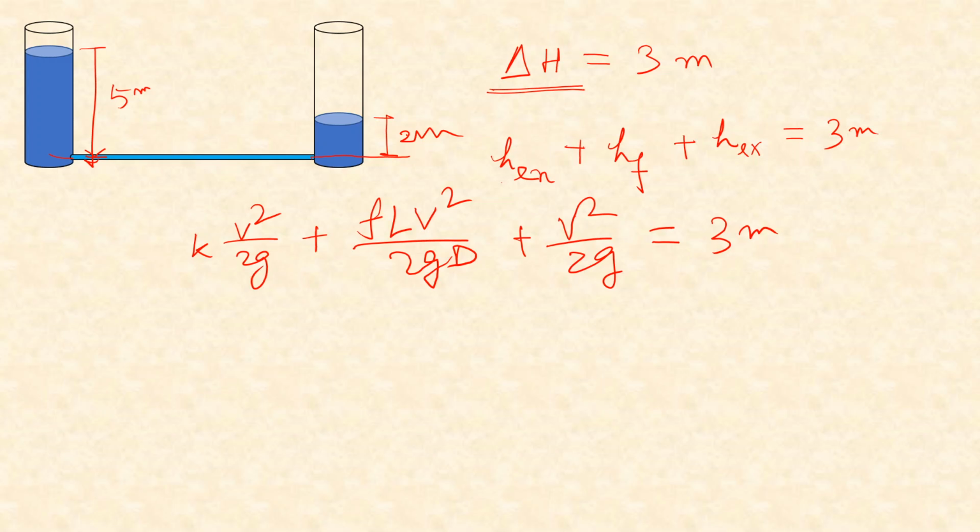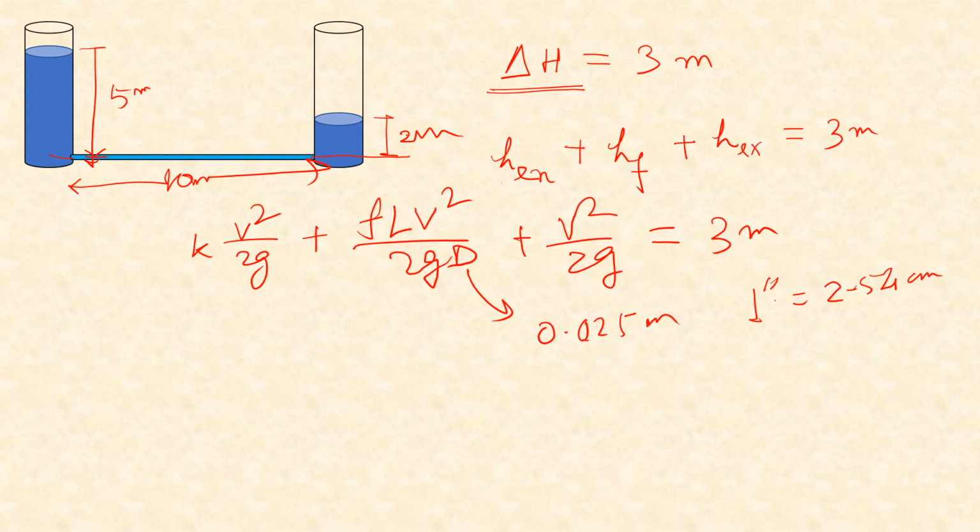Now the only unknown thing here is V. The length is 10 meter, and D for this problem, let's say it is 0.025 meter, which is 2.5 centimeter, or approximately equal to 1 inch. 1 inch is actually equal to 2.54 centimeter, and generally commercially available pipes are in inches in the market.